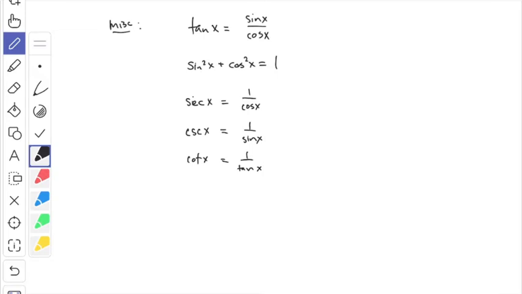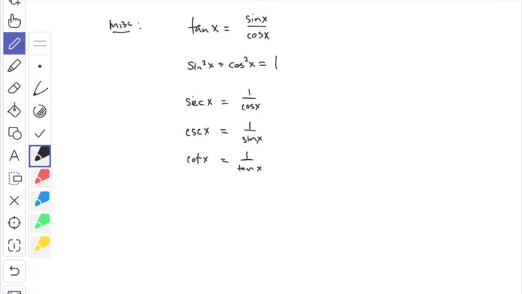Actually, in the old days, there were even more of them. There were like 24 of these, like every possible ratio of opposite over adjacent or adjacent over hypotenuse. They all had their own different names, which I only have heard about. Nobody cares about that anymore. All right.